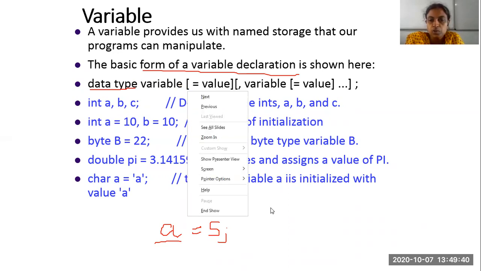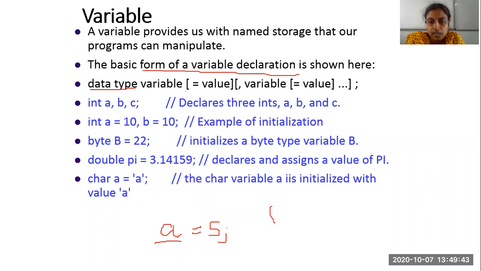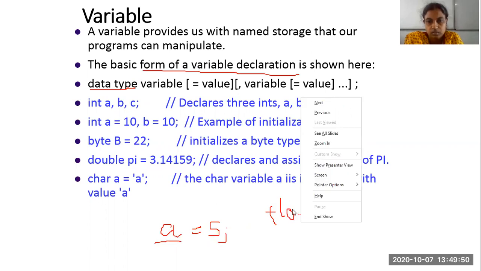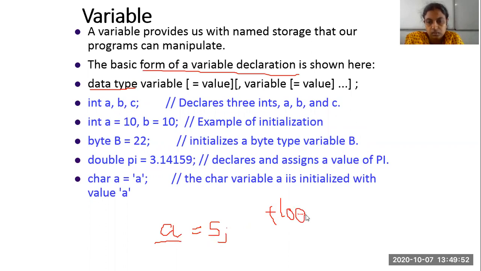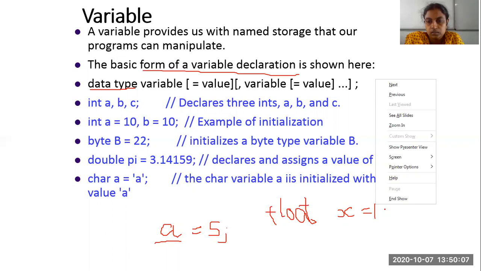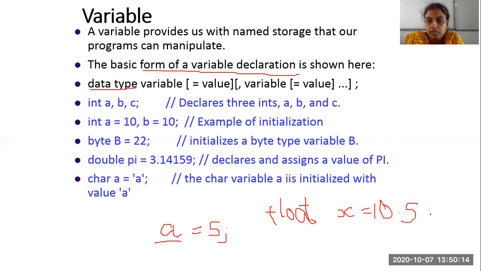For example, if I want to store 10.5, I can declare it as float x equals 10.5, ending it with a semicolon.